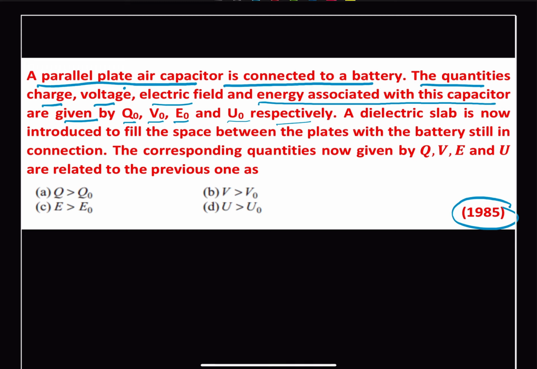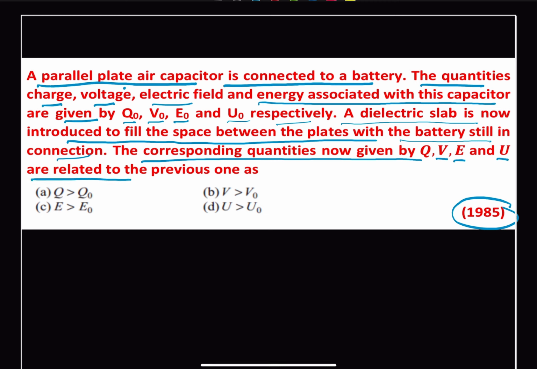A dielectric slab is now introduced to fill the space between the plates with the battery still in connection. The corresponding quantities are now given as Q, V, E and U. We have to find out the relationship between Q0 and Q, V0 and V, E0 and E, and U0 and U.